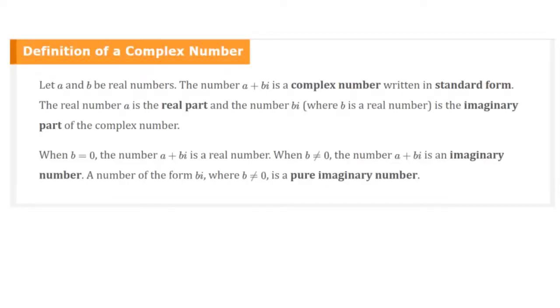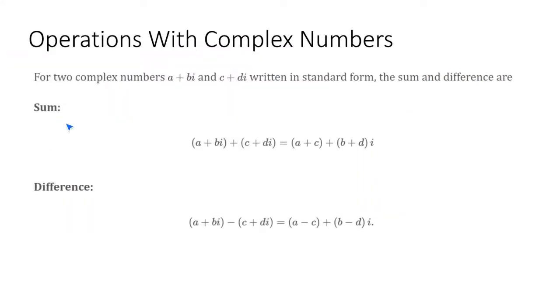In order to develop a new number system, we can't just say, oh, I have a new number system. It had to go through the same operations as our regular number system. So in the next slide, we want to be able to add and subtract these complex numbers. There is a formal way of doing this, and an informal way.